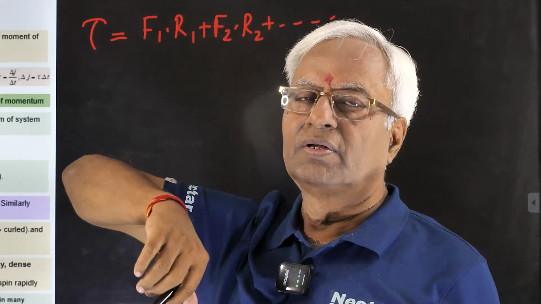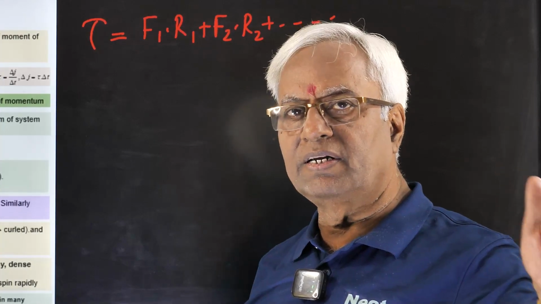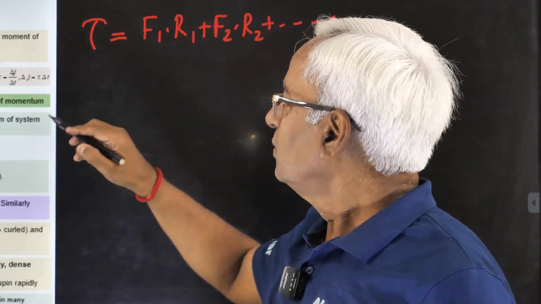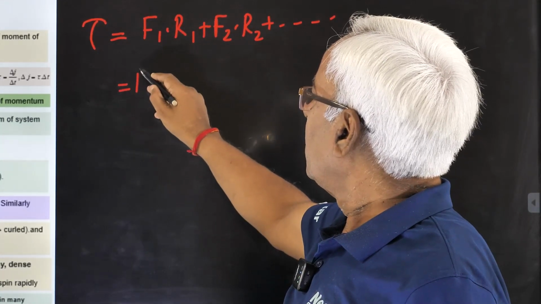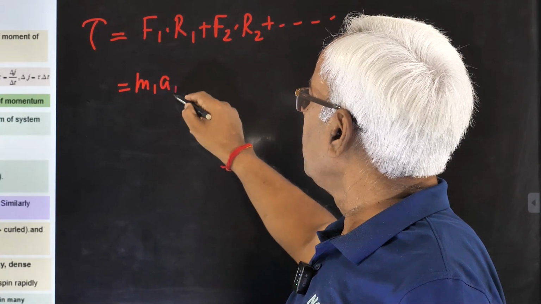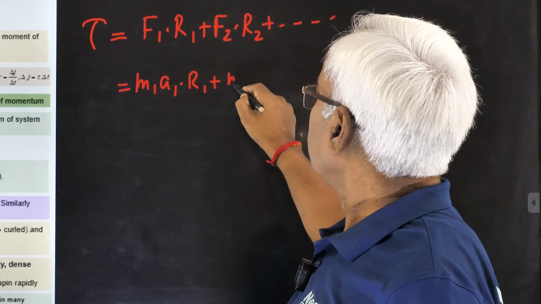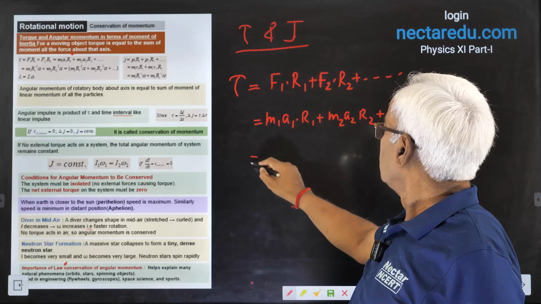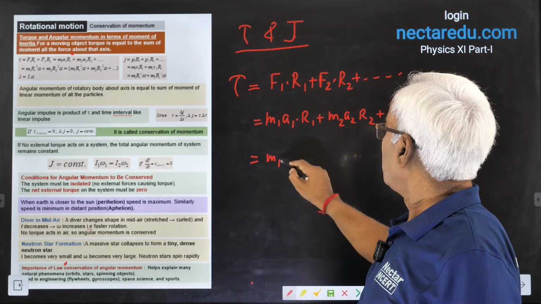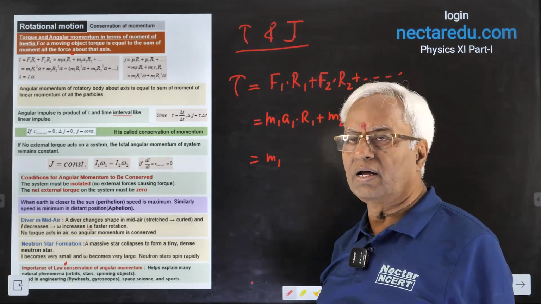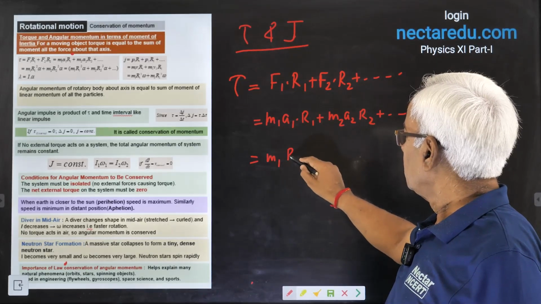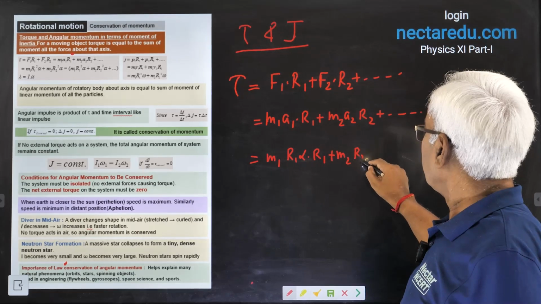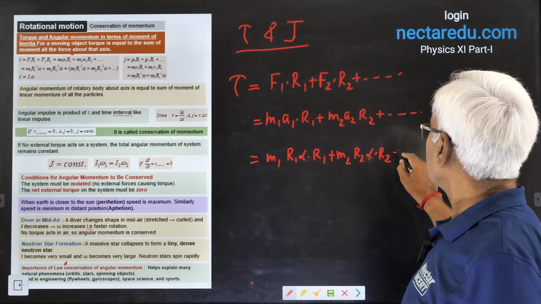Many particles, forces are acting on them separately, F1, F2. Their perpendicular distances are R1, R2. So this would be given as, and F1 is M1 A1 R1, M2 A2 R2, and so on. Then A is equal to R alpha, so R1 alpha, R2 alpha, and so on.